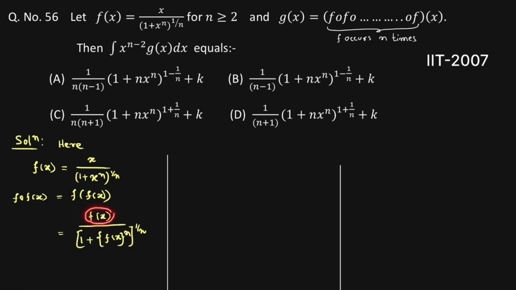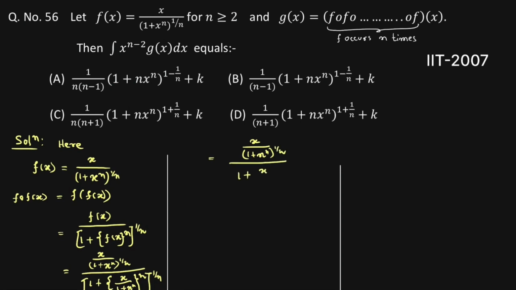Now in the place of f of x we put this value, which is equal to x divided by (1 plus x to power n) to power 1 by n, divided by (1 plus (x upon (1 plus x to power n) to power 1 by n) to power n) whole to power 1 by n, which is equal to x divided by (1 plus x to power n) whole to power 1 by n divided by (1 plus x to power n divided by 1 plus x to power n) whole to power 1 by n.